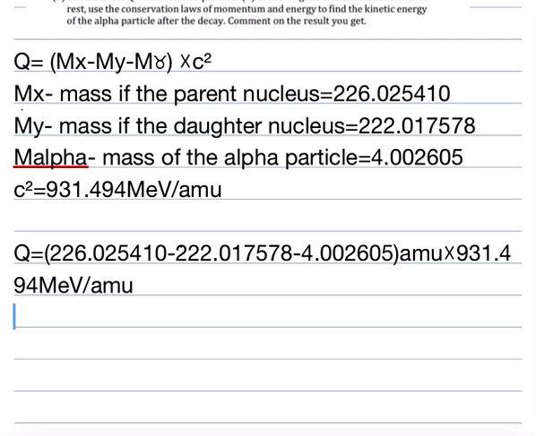So this gives us Q equals 0.005229 AMU times 931.494.